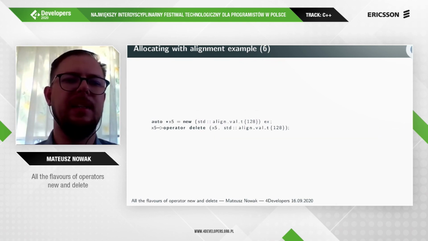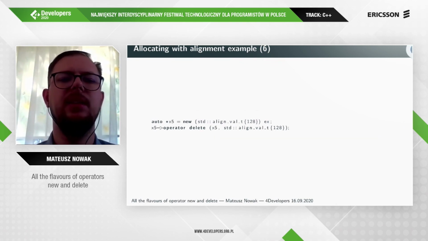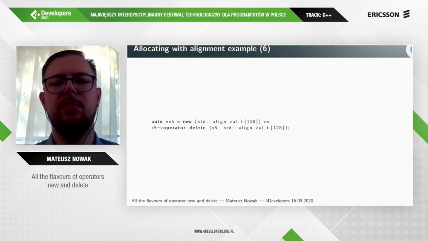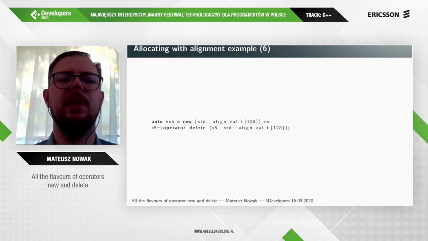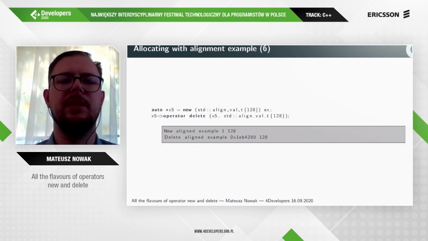Okay, and the last try, when we explicitly call operator delete on the instance of X, also passing the alignment value to the delete operator parameters. And now we finally get what we wanted.